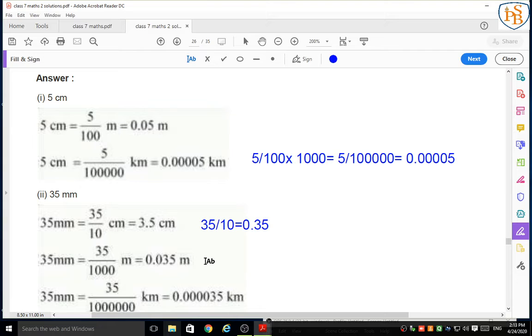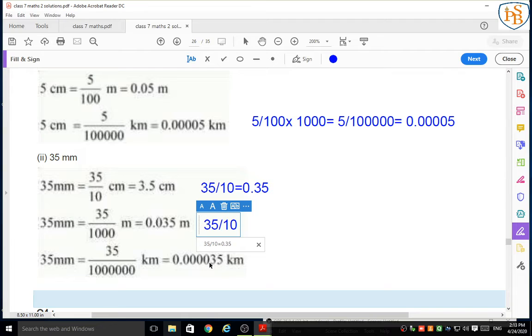Okay, now again 35 is there, but it is millimeter and we have to convert it into meter. So 1 centimeter is 10 millimeters, so 35 upon 10. Now again we have to convert that centimeter into meter, but 1 meter is 100 centimeters.